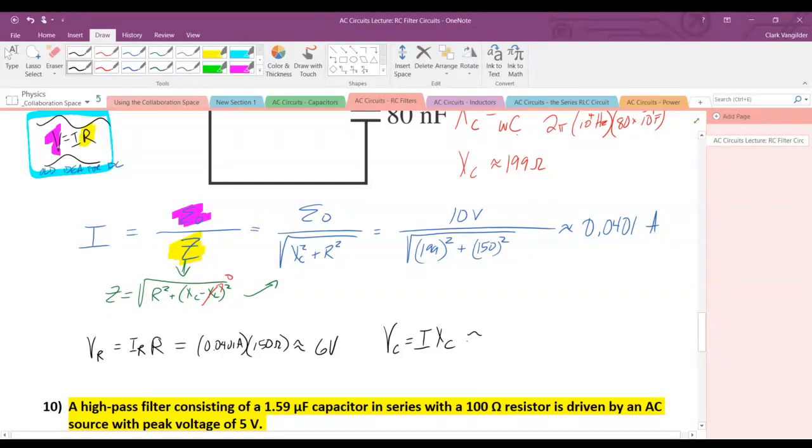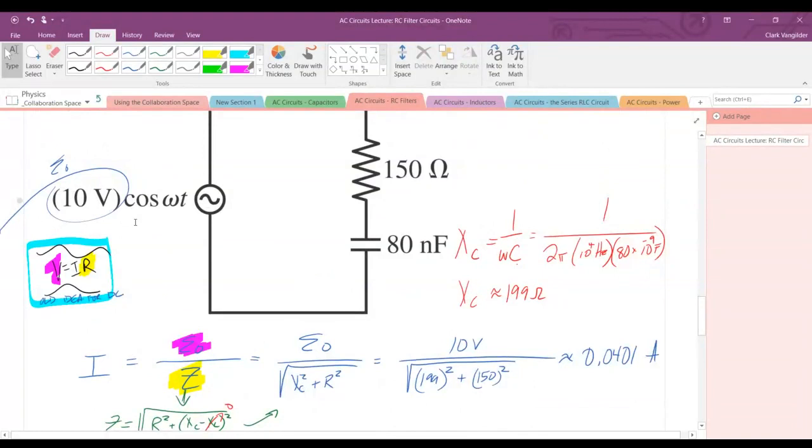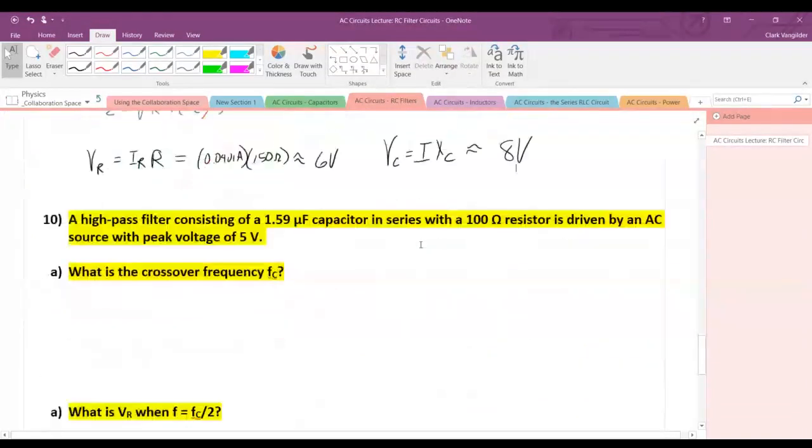And so if you put the numbers in that we already have here, then you're going to get 8 volts. All right, so there you go. And that's the weird thing about AC circuits, is you get some interesting variations there, and more on that later.